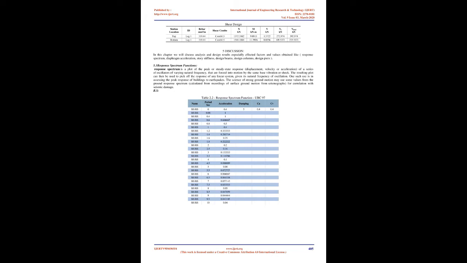From analysis results, parameters like story drift, story displacement, axial load and bending moments are determined for a comparative study. Results established the superiority of the response spectrum method over the equivalent static analysis method. Story drift values for G+10 and G+25 are 22 to 25% less respectively in dynamic analysis than static analysis.